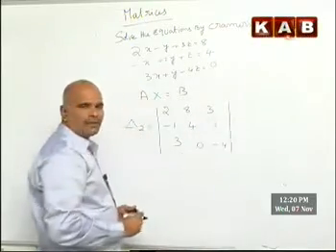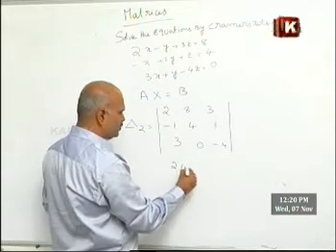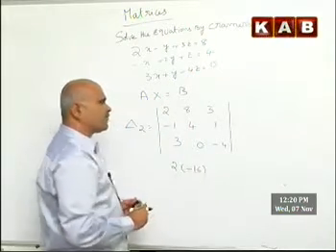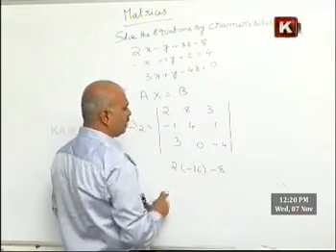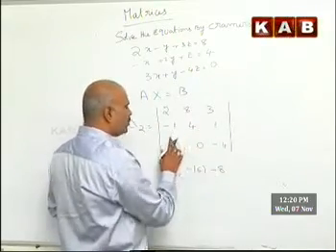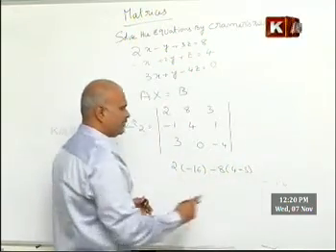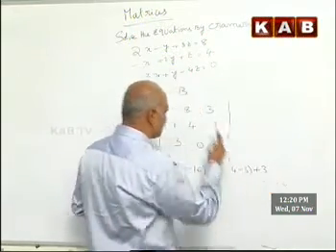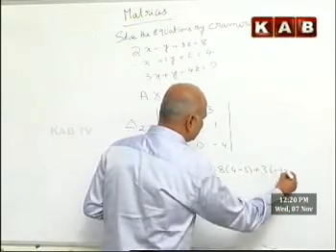See, here we can write 2 into minus 16, minus 8 into, eliminating this part, what we get there, 4 minus 3, again plus 3 into this elimination you have done, so that will be minus 12.